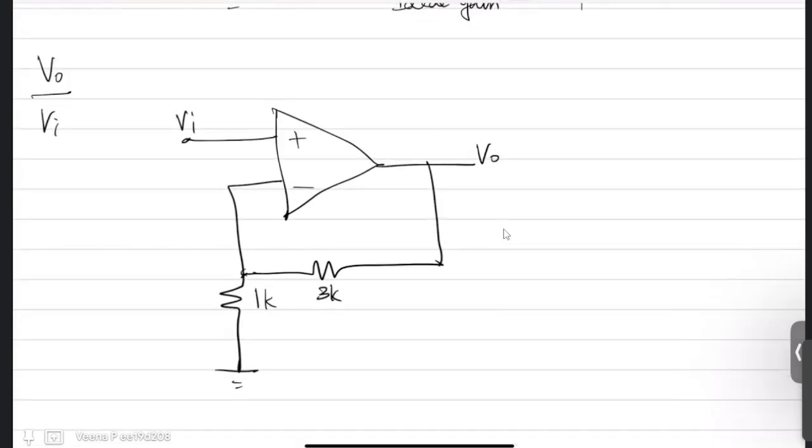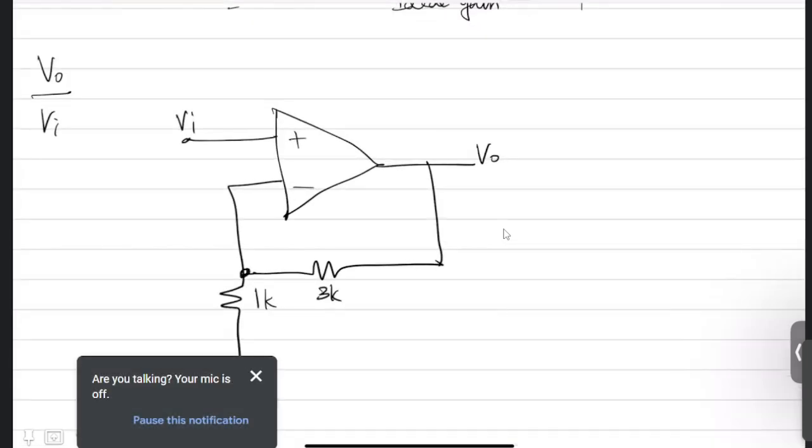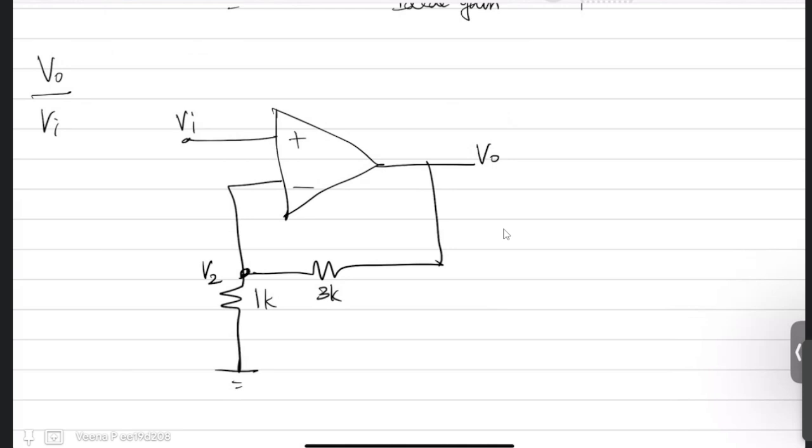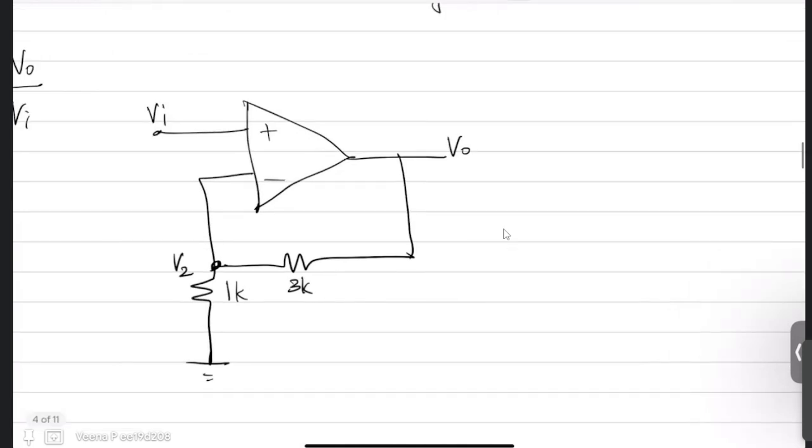Now here you cannot apply your virtual ground. You have to give another name for this. This is V2. So in the practical case, you cannot equate the two terminal voltages. The virtual shorting or virtual ground concept you use in the ideal case. So here, I am assuming that your inverting terminal voltage is V2. Now we know that your Vout is nothing but AD, which is your open loop gain, times (Vin minus V2).